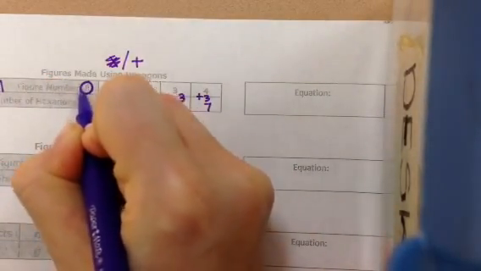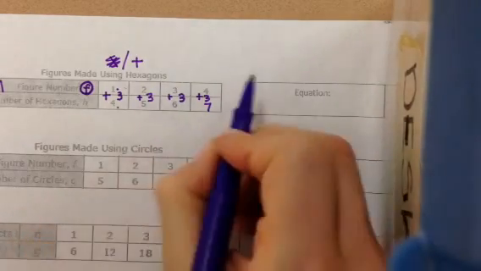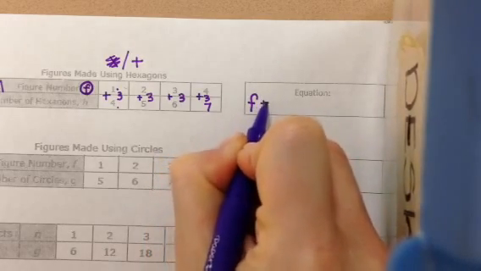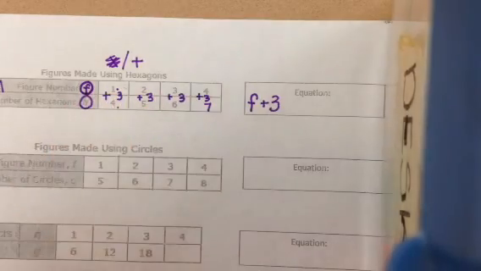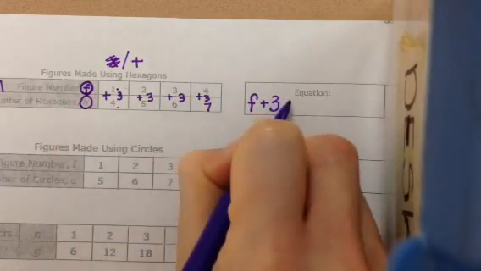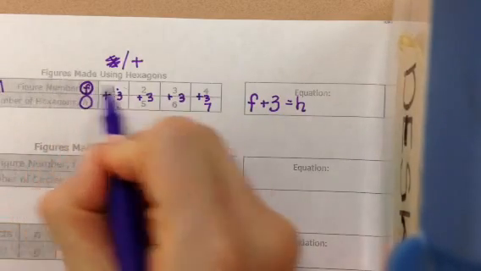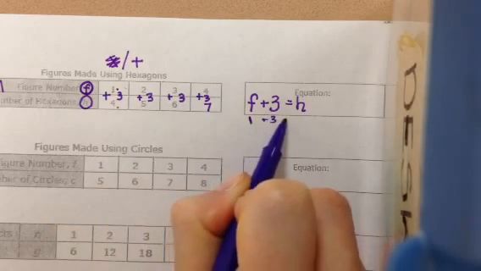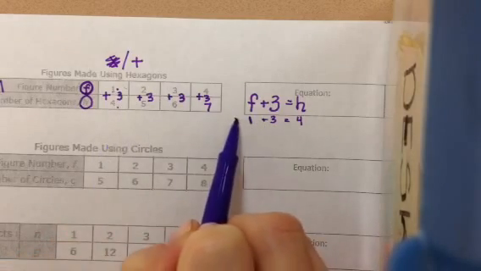All of my inputs take this letter, this variable F. So if I take any input and I add 3 to it, that is going to give me the letter for my output, which is H. Because if F is 1, then 1 plus 3 equals 4, and double check, that lines up with one of my H's.